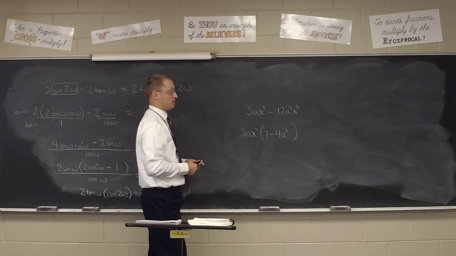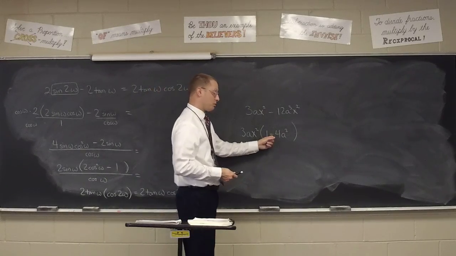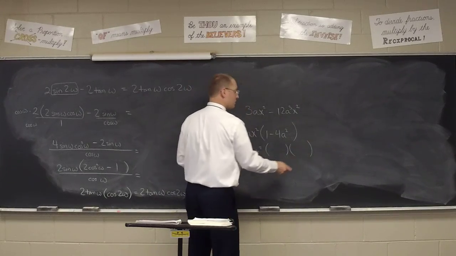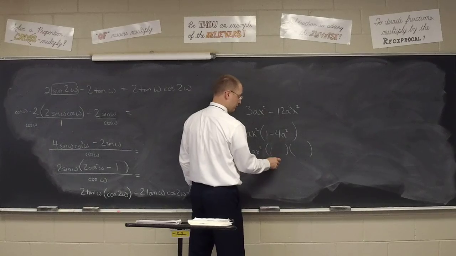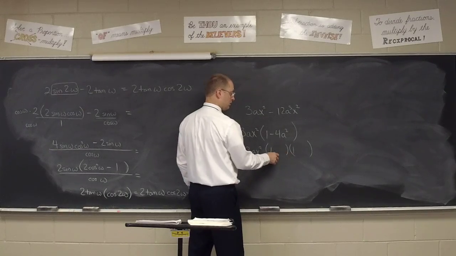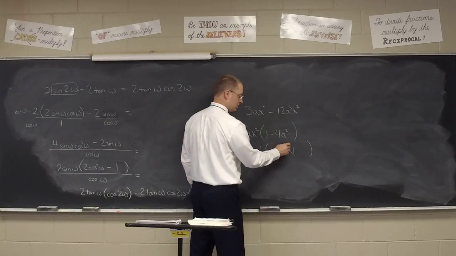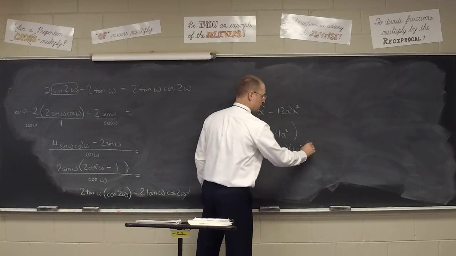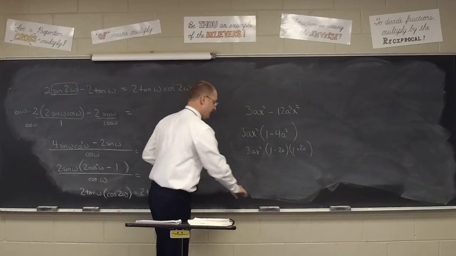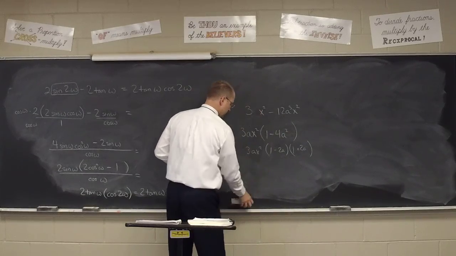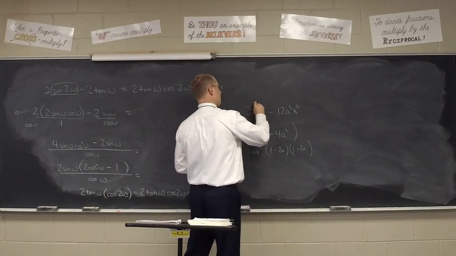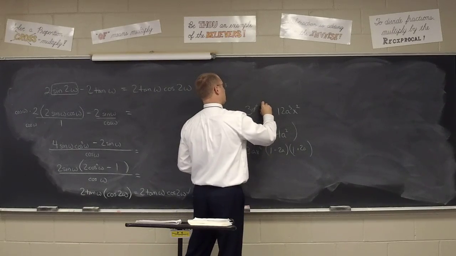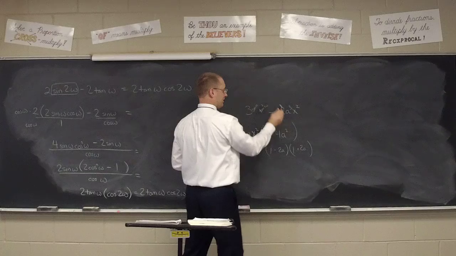Would that be some difference? It's going to turn into a sum and difference, right? So we would keep the 3ax squared, don't lose it, and factor this into 1 negative 2a, 1 positive 2a. Remember this stuff? But now, folks, it's not an a, it's like a secant alpha. It's not an x squared, it's a tangent squared omega.